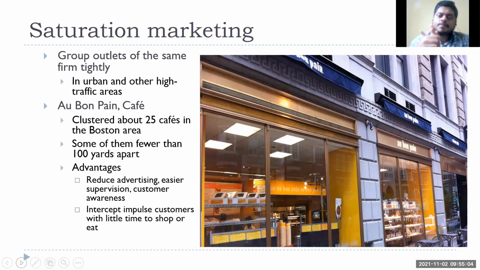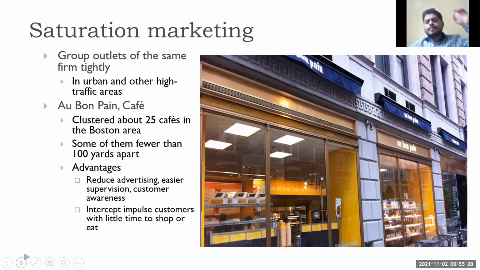Another aspect of this location criterion is that the same company will have different outlets in the same space. Generally in India, you will not see this kind of example. This cafe is, I think, in the Boston area in the US. But that is again a strategy, and we'll discuss why. So remember the difference between the two.